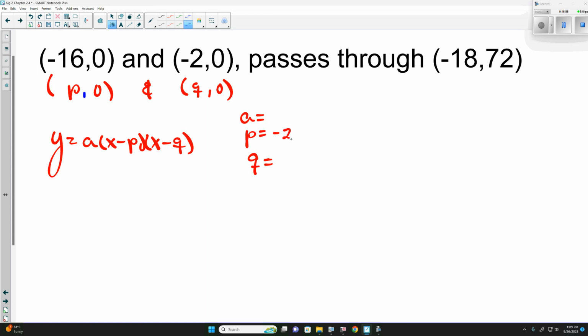Yes. Negative 16 and negative 2. So we can plug those in saying y is equal to a times x minus negative 16 times x minus negative 2.